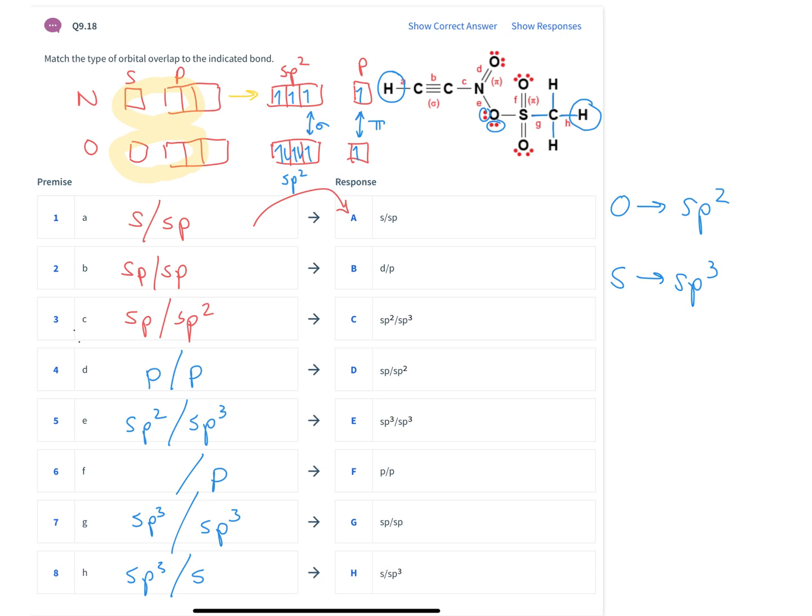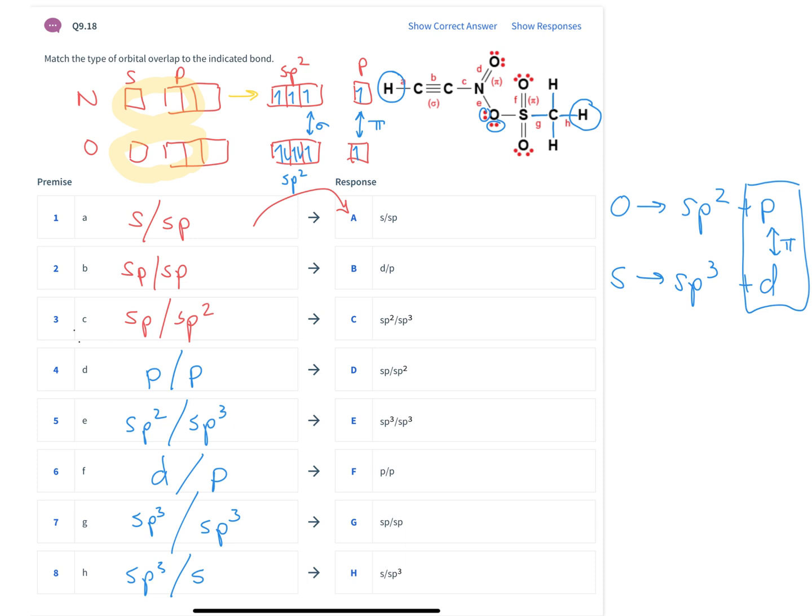It uses an unhybridized d orbital. So I'm using the p orbital from oxygen, and I'm using one of the d orbitals from sulfur to make that pi bond. So a d orbital from sulfur is going to overlap with a p orbital from oxygen to form that pi bond in this case, much like question 30 from the homework.